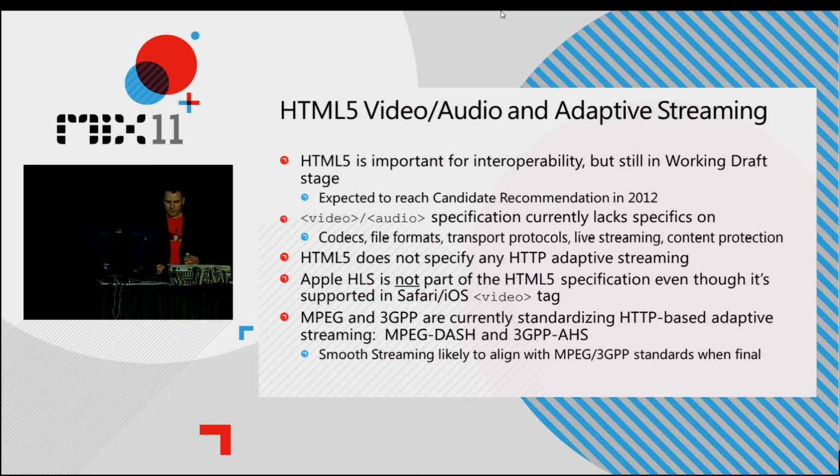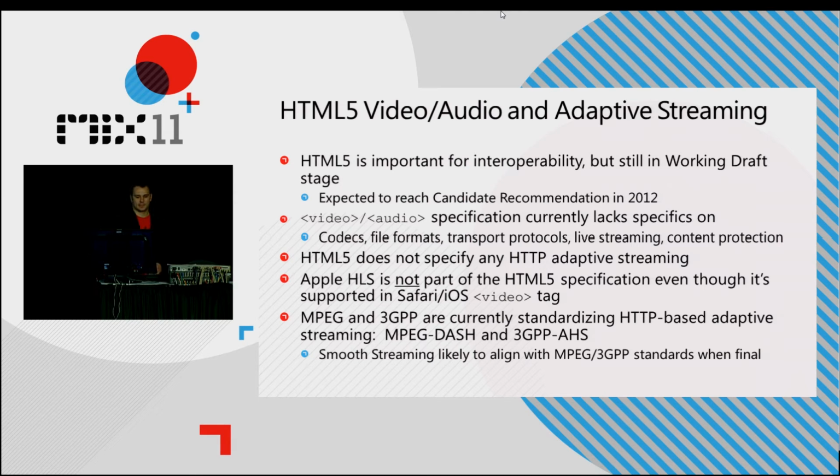And they can do that because, like I said, it's not specified, so technically it's not being out of compliance with the spec. But the thing to understand is that it's not a standard part of the HTML5 spec either. So right now, there really is no standard way of doing adaptive streaming to the HTML5 video and audio tags.